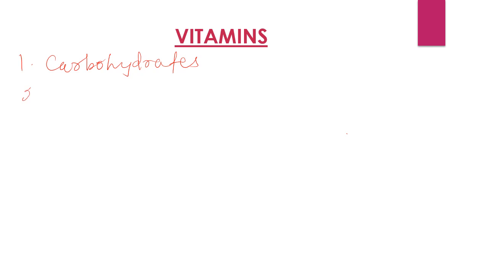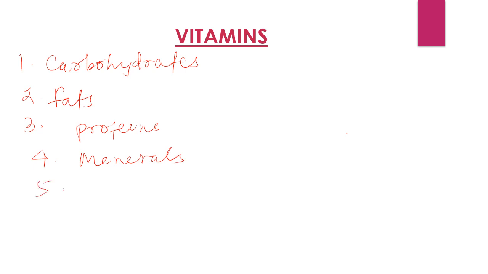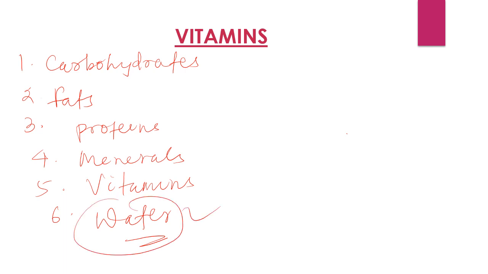The second one is fats. Number third, proteins. Number fourth, minerals. Number fifth, vitamins. And number sixth, water. So water is also an essential component, and this is also a nutrient.